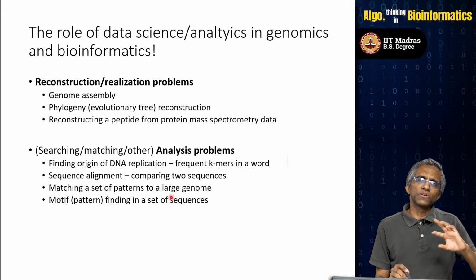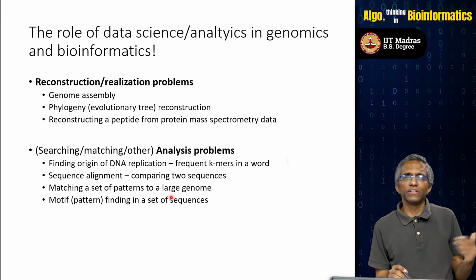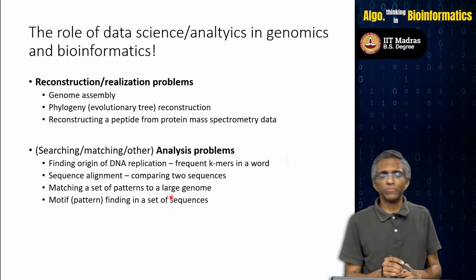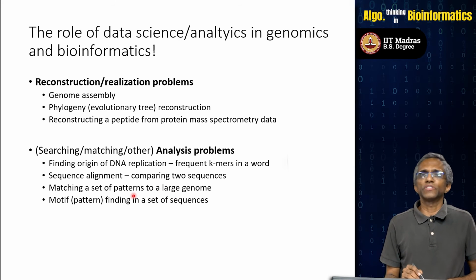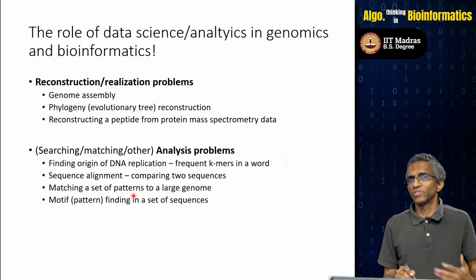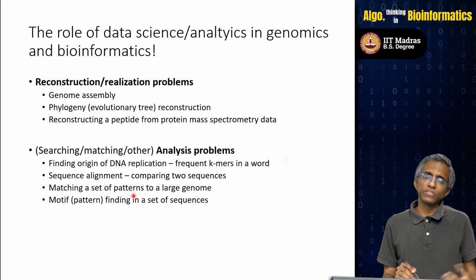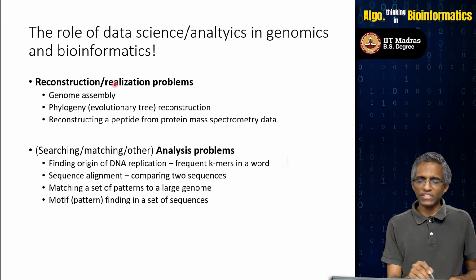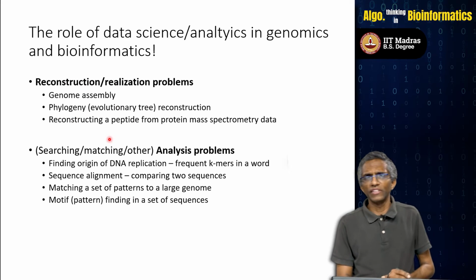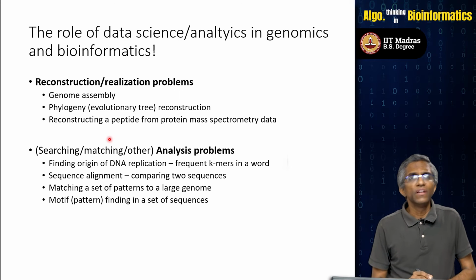All of these are not given as much emphasis in a typical computer science curriculum, but from a data science perspective, some of these data structures like suffix trees and suffix arrays are so versatile that they would have applications beyond genomics and bioinformatics, in other domain areas where strings need to be properly indexed so that you can do a large number of searches efficiently. Some of these reconstruction algorithms, like the neighbor joining algorithm we will be looking at today, may be of use in other fields as well.